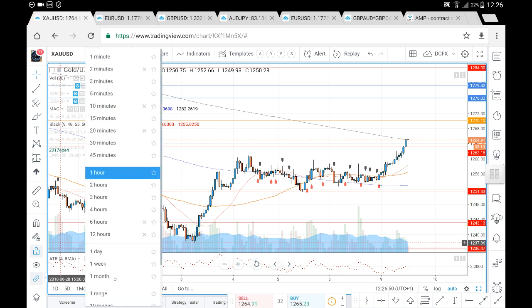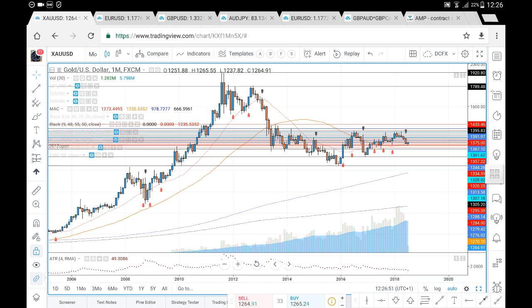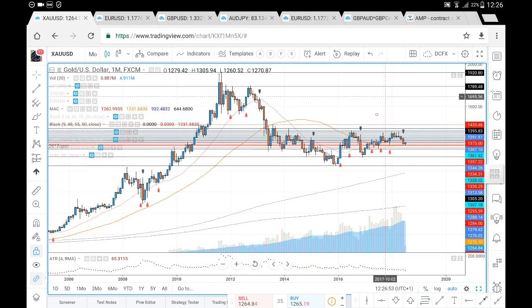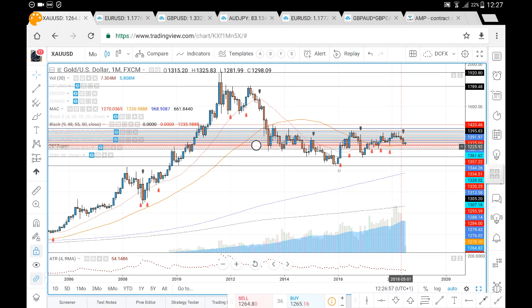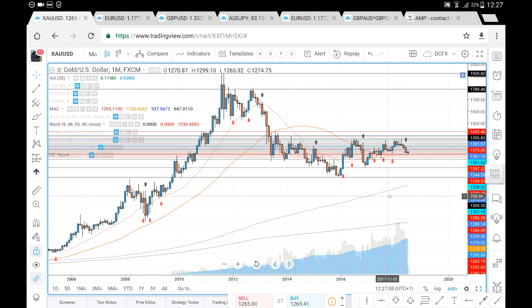So what we'll do now is have a brief look here at the higher time frame, see how prices are developing. So over here on this monthly chart, we previously had a higher low still. We've pretty much tested those previous lows here. I'm just going to have a look to see where they are and to see if we did actually break.